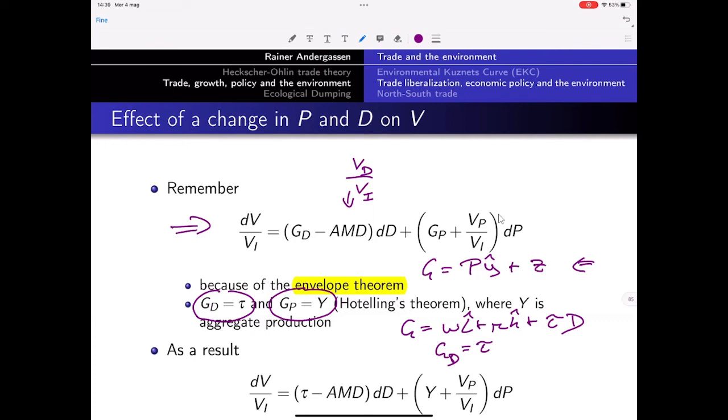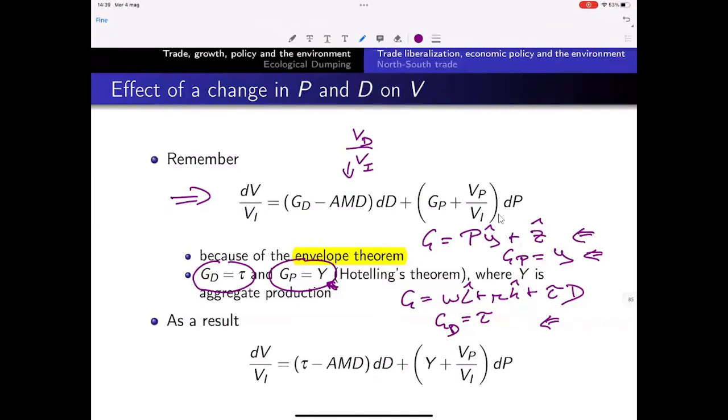And therefore, if I take the derivative of G with respect to P, this is just y. Some of you might have heard, this is the Hotelling theorem. The G_P is just y. So I got these two using the envelope theorem. Is it clear?